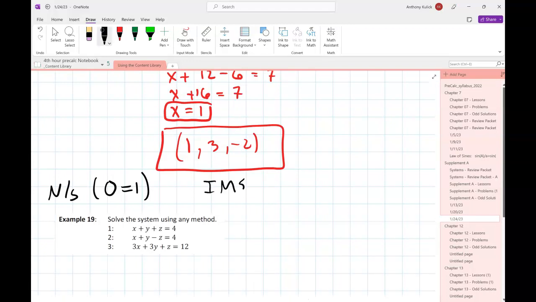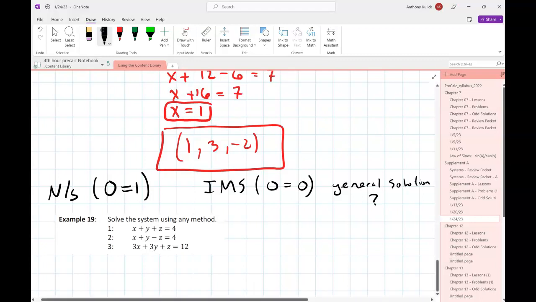Infinitely many solutions is still going to be something like when you get 0 equals 0. But we should talk about how to find the general solution for that then. So let's do an example to run through how to do that.